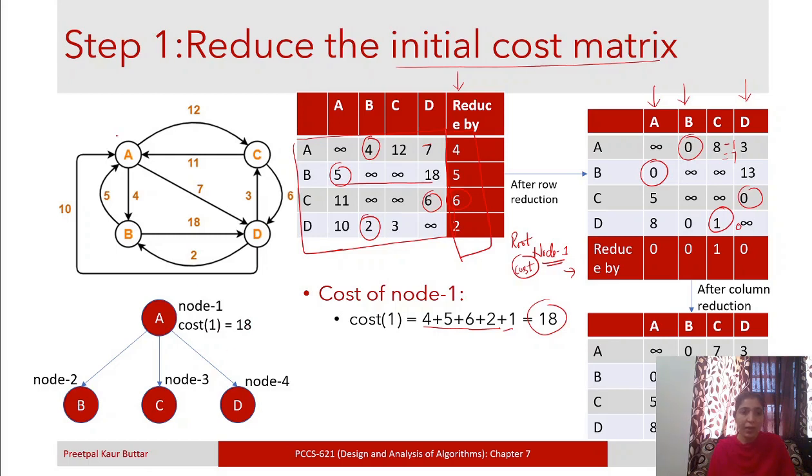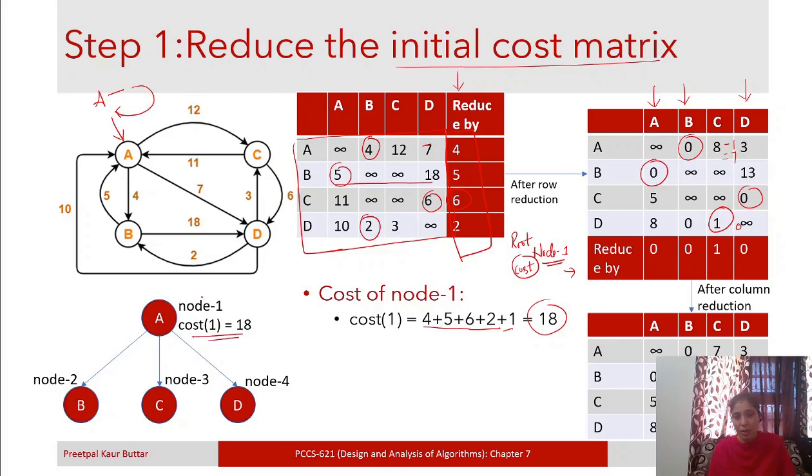Okay, so here we are starting at A. I forgot to mention in the beginning, this is a traveling salesperson problem on this graph, starting at A, and after starting at A, we will visit every vertex and then return back to A. So A is our node 1 here, and its cost is 18.